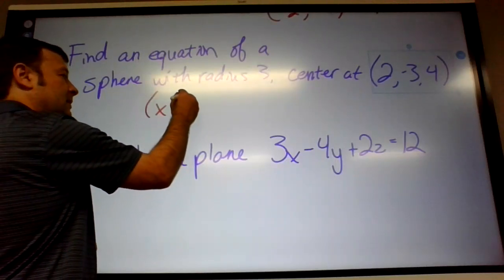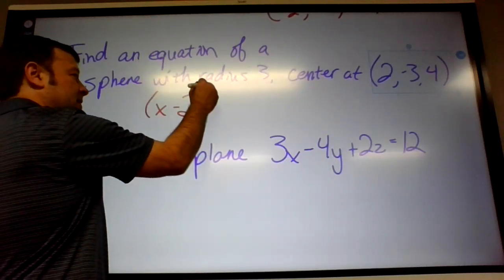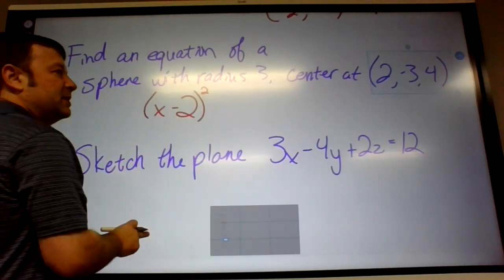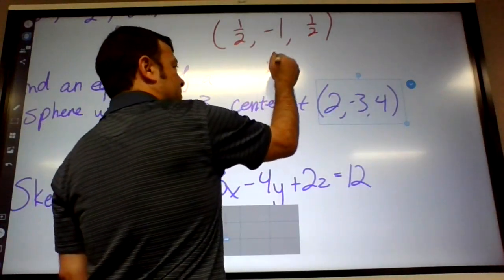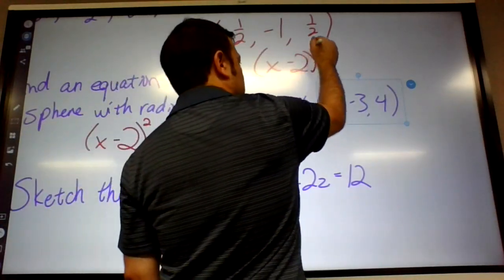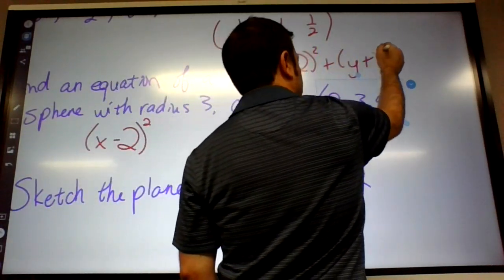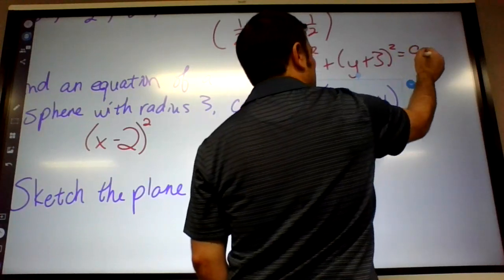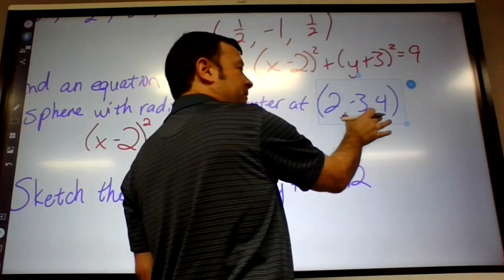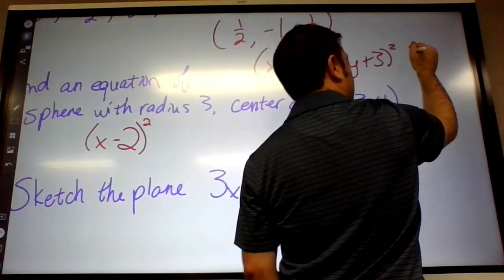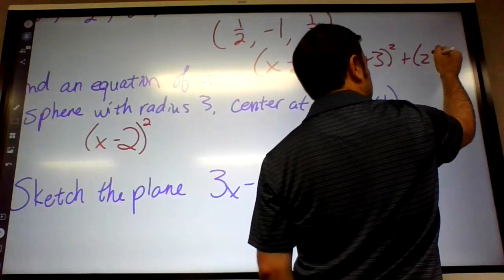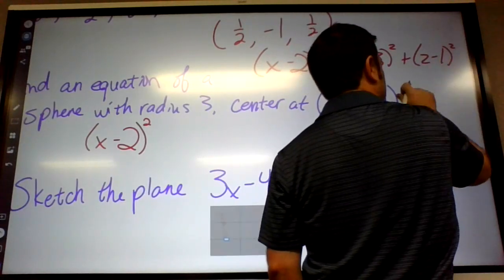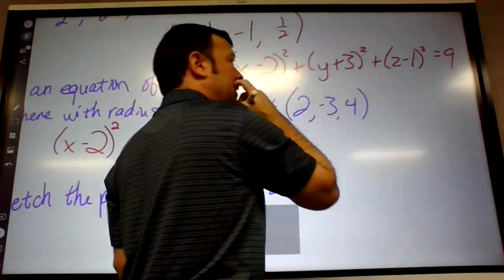That's a great question. Minus 2. You guys remember that? Yeah. The equation looks something like x minus 2 squared plus y plus 3 squared equals like 9. Since this is a sphere, it's 3-dimensional, it'll have the z component with it, so maybe like z minus 1 squared equals 9.